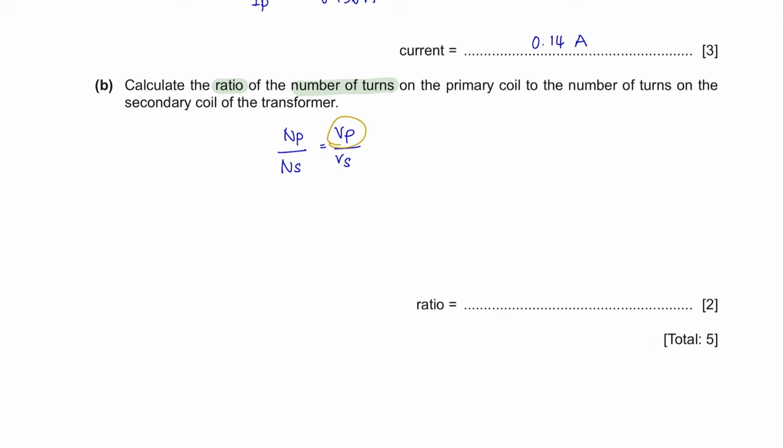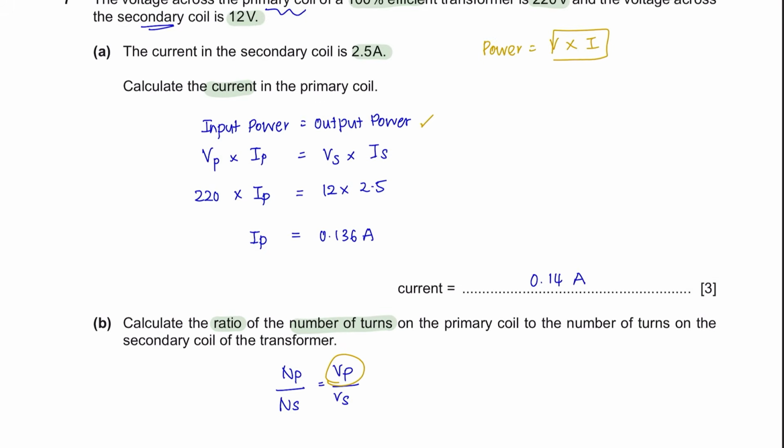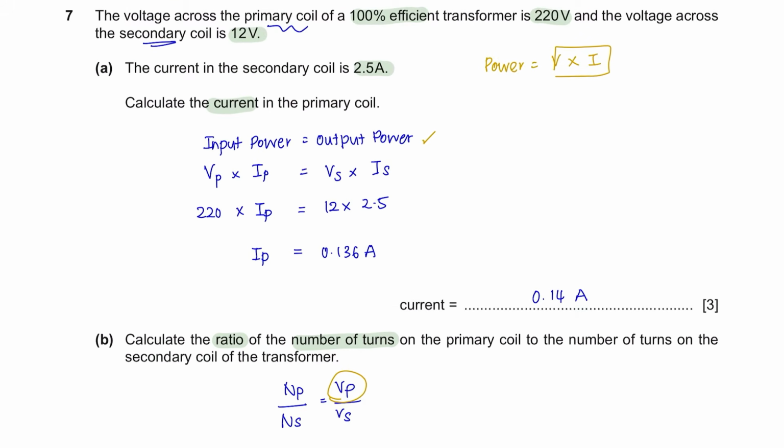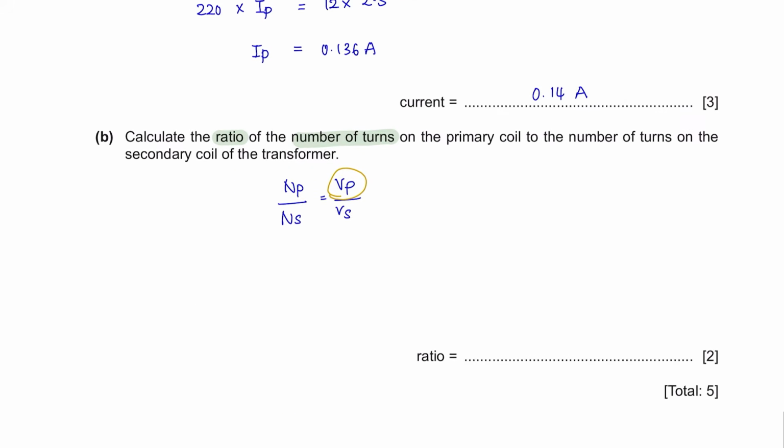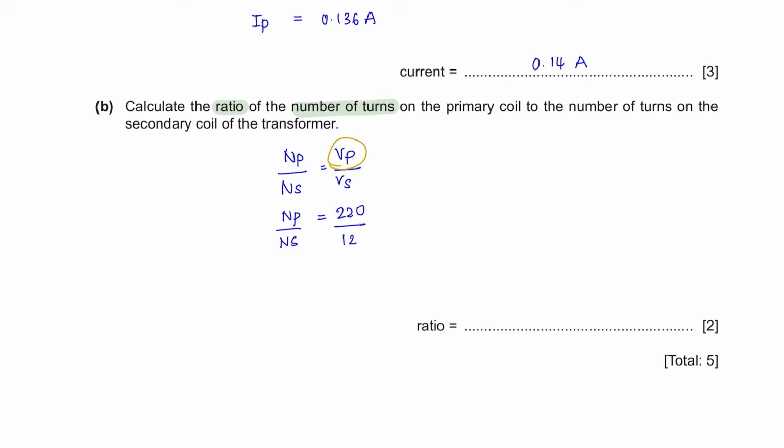Okay, so the voltage of the primary coil is already given in the first part of the question, which is 220 voltage, and for secondary coil it is 12 voltage. So the number of turns of primary coil to secondary coil can be simplified as 18 to 1.